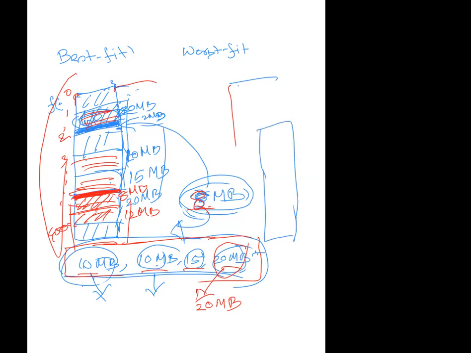In our last class we also talked about the degree of multi-programming. The degree of multi-programming means the total number of processes you are able to fit inside your memory at a time.